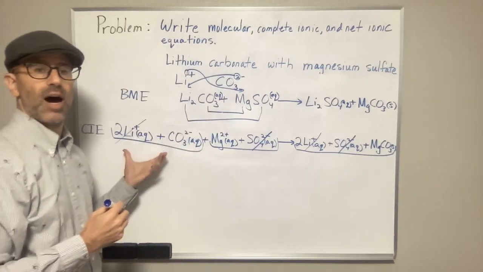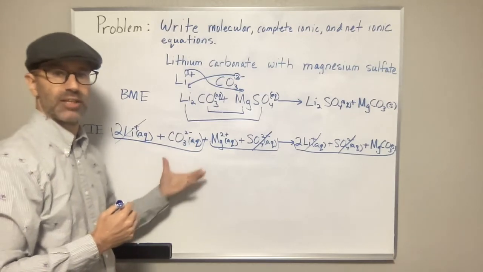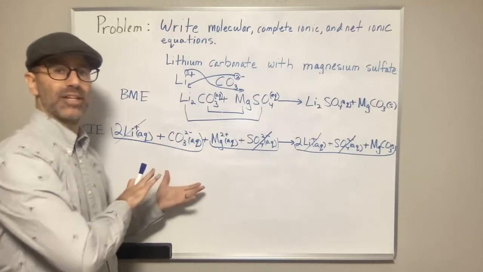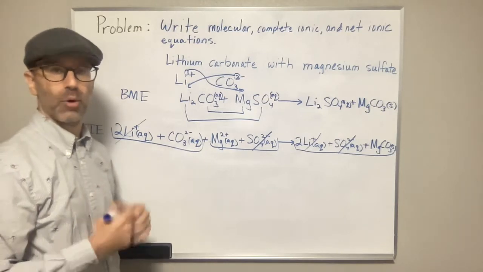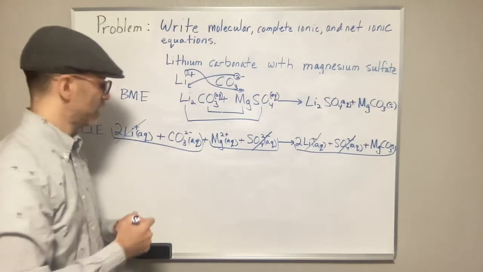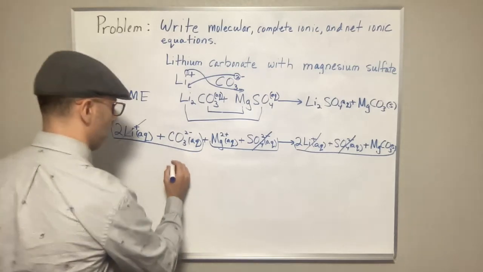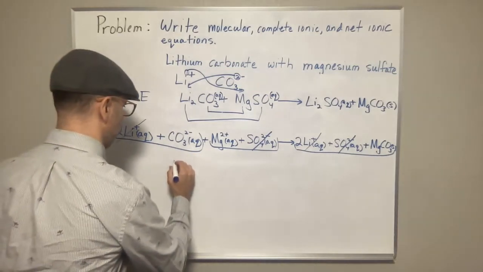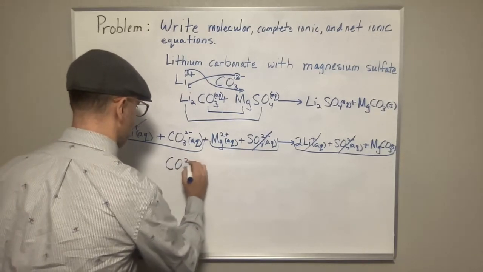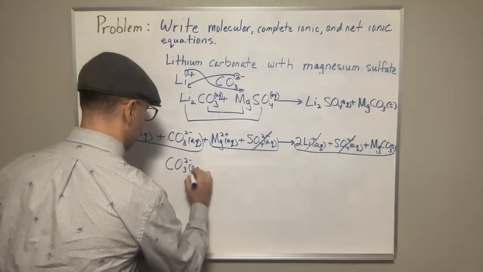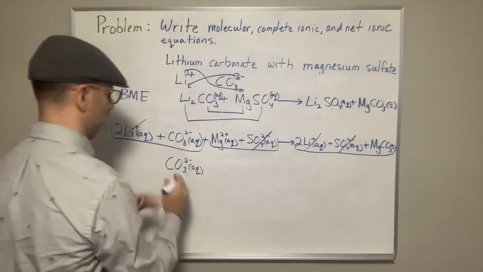So when we write our net ionic equation, we write everything and just remove the spectator ions, and what we have left is the net ionic equation. So we just write your magnesium, right? So we have CO3 2- aqueous, your carbonate ion.